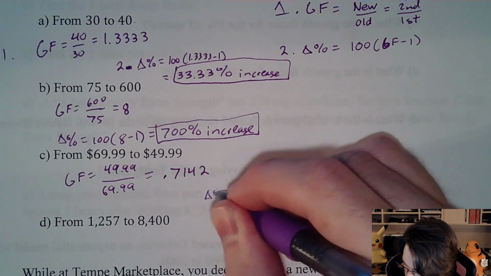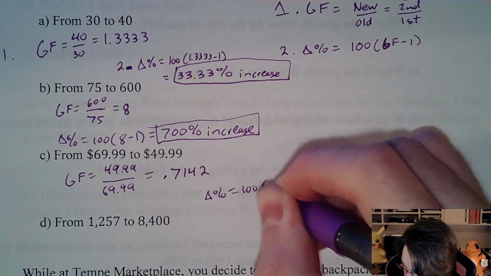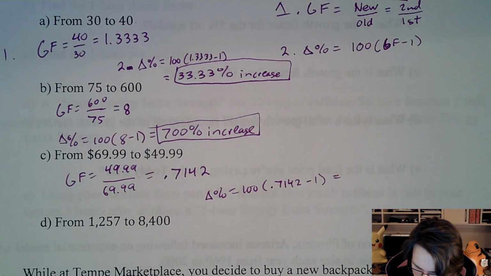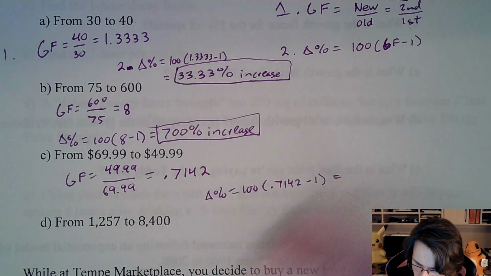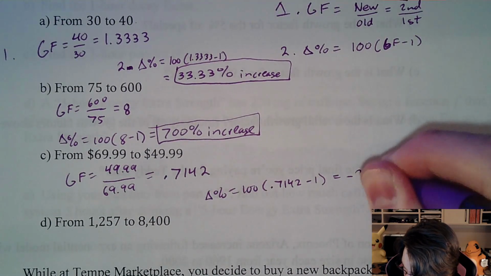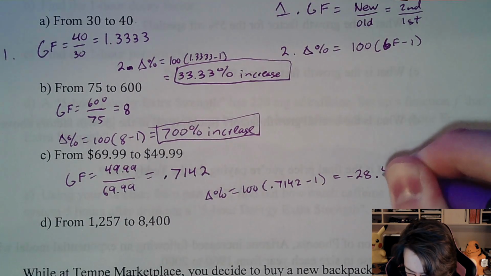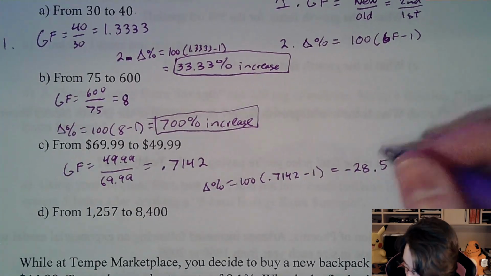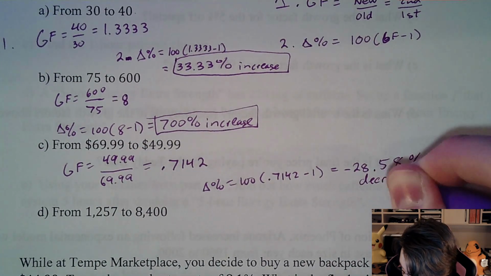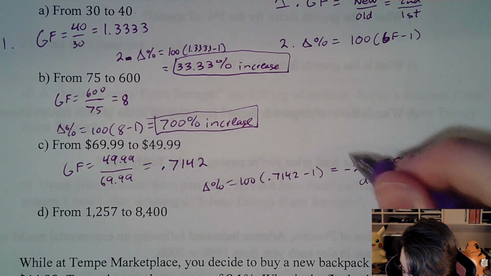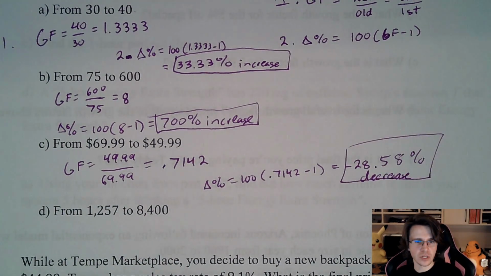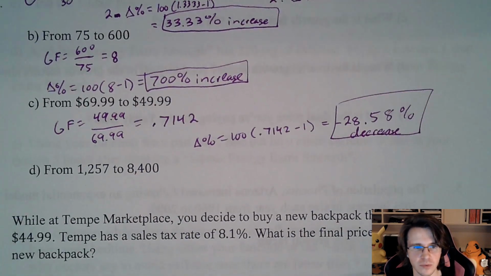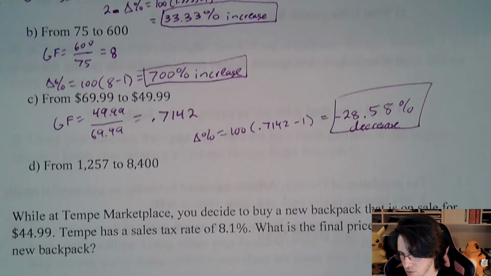And our change in percent then is going to be 100 multiplied by 0.7142 minus 1, and we're going to get an answer of negative 28.58%. And that is a decrease because it's a negative number. So this $20 off is 28% off. So if you're given a choice of $20 off or 20% off, in this case, we take the $20 off.